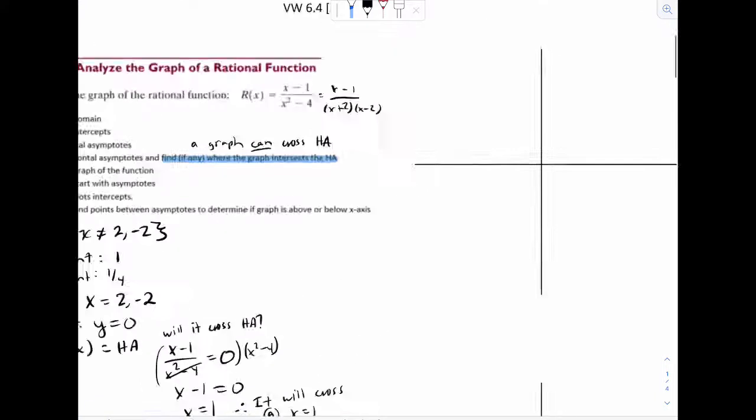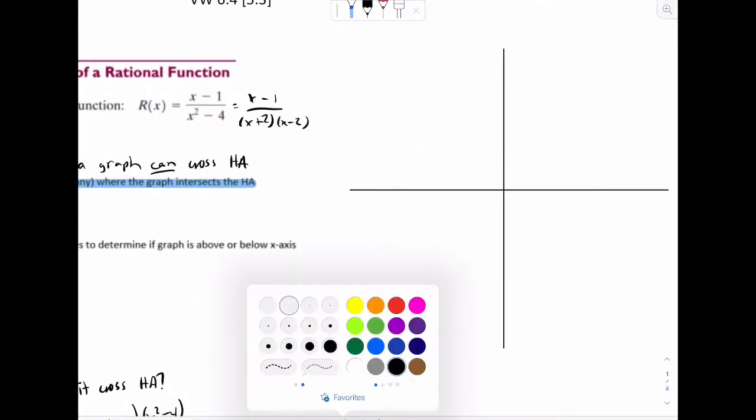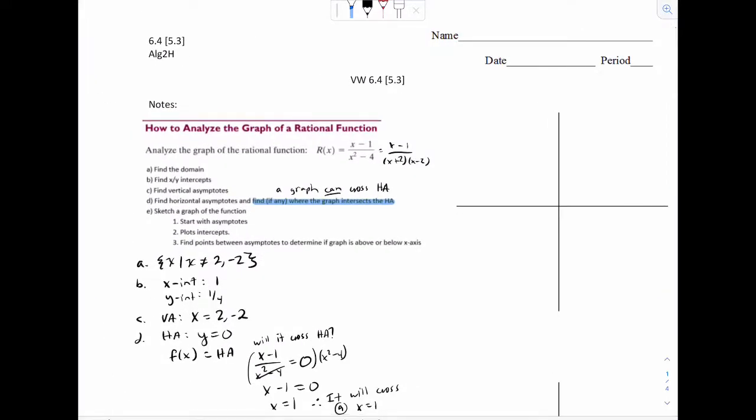So now, let's go to our graph here. I'm going to start by actually doing the intercepts. So we have 1 and 1/4. So I'll label 1 right there. That'd be (1, 0). And let's say 1/4 is like right here. And then we have a vertical asymptote at 2 and negative 2.